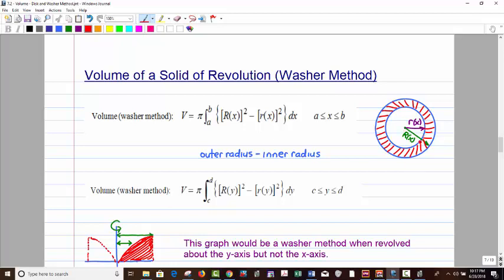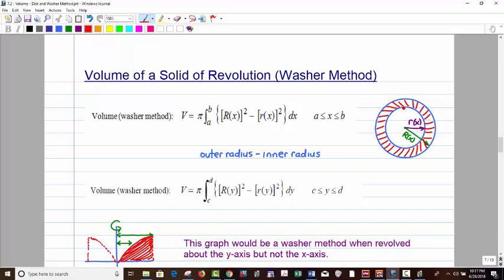The capital R of x represents the outer radius, and little r of x is the inner radius. Now look at this formula. It's big R of x squared minus little r of x squared, from a to b. So let's see what's happening here. We're finding the volume of this entire outer part, the whole thing, using big R of x.